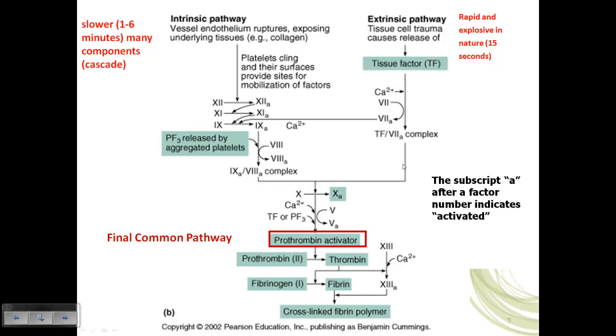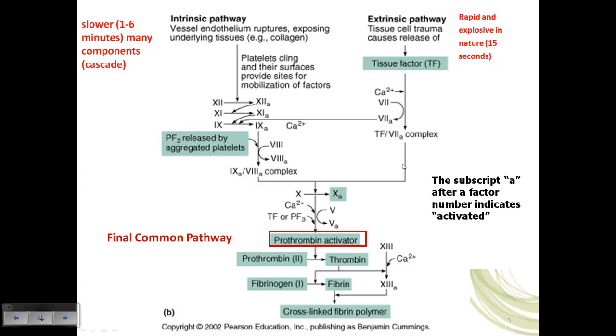Now, on this slide, you should start to appreciate the fact that I'm not making you memorize all of the individual steps for the intrinsic pathway, nor the individual steps for the extrinsic pathway. So what I want you to realize here, if you look at the cascade of events that is required for the intrinsic pathway, you basically need the blood vessel to be damaged, exposure of collagen, and I'll remind you from class time that once the collagen fibers are exposed, the von Willebrand factor can bind to collagen and then cause aggregation of the platelets.